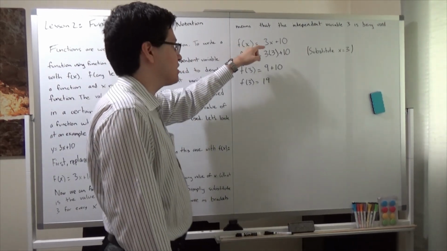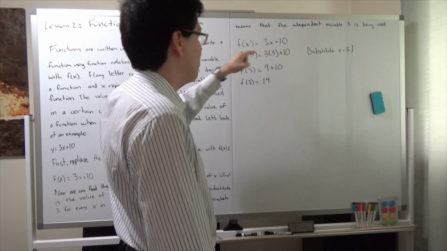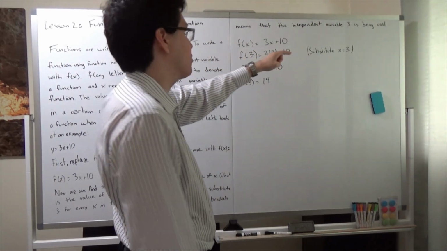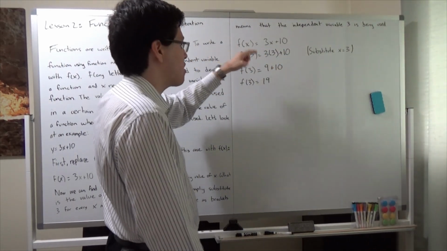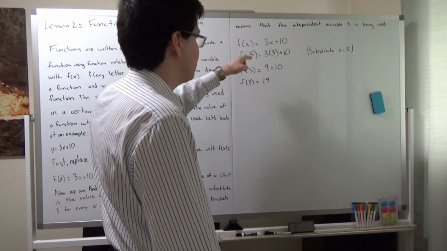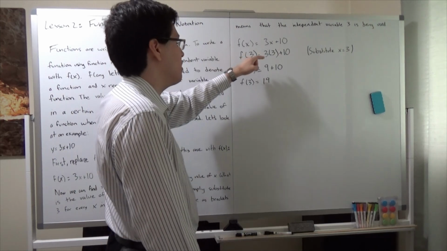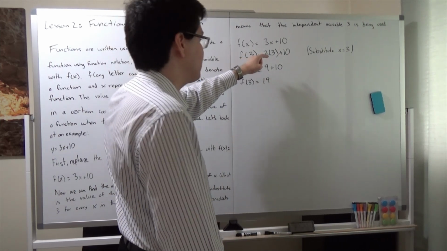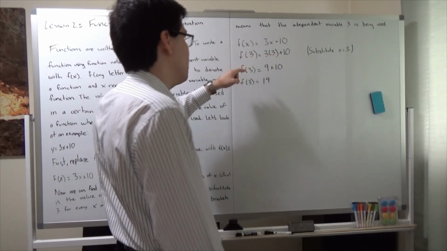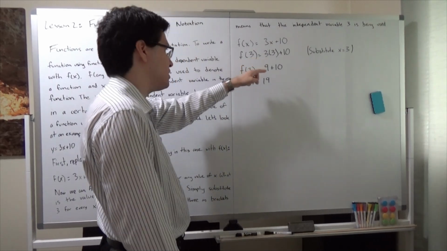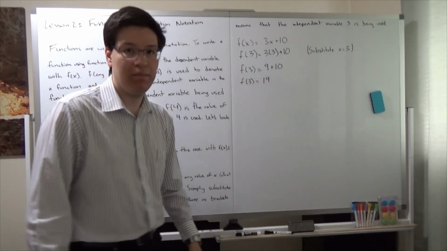So f of x equals 3x plus 10. Substitute x equals 3. f of 3 equals 3 times 3 plus 10 equals 9 plus 10 equals 19.